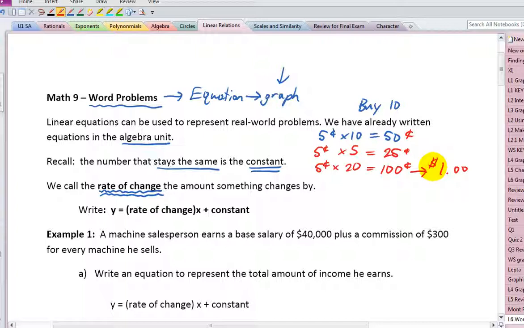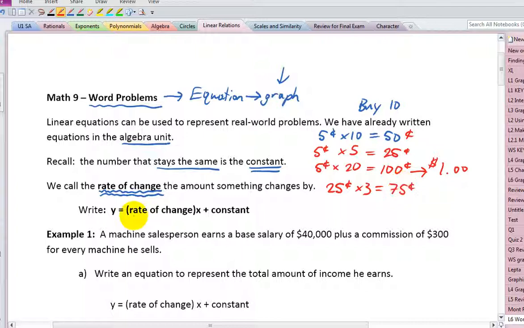Now, what if you did use a different rate of change? For example, instead of buying 5-cent candies, you went and spent the big money, and each candy was 25 cents. Let's say you bought 3 of those. So you take your rate of change, multiply it by 3, and that would be 75 cents that you owed the store clerk at 7-Eleven.